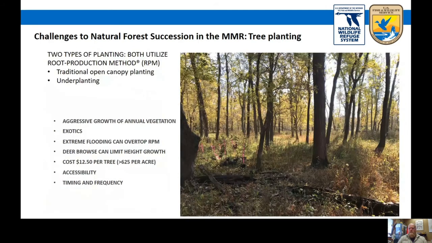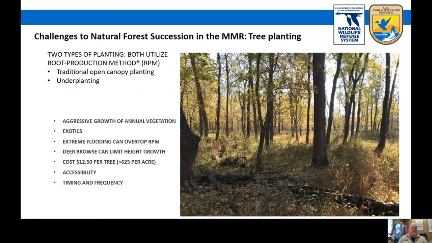Now, we also have challenges to tree planting, one of our major strategies to overcome our lack of regeneration. Since our problems with regeneration are established, we use two types of tree plantings: traditional open canopy planting, typical of old field afforestations, and underplantings.